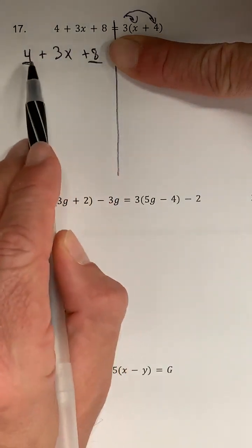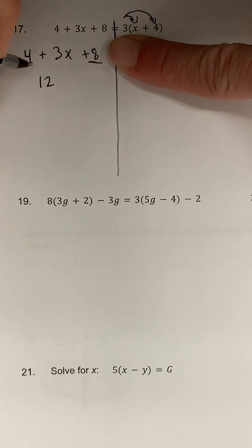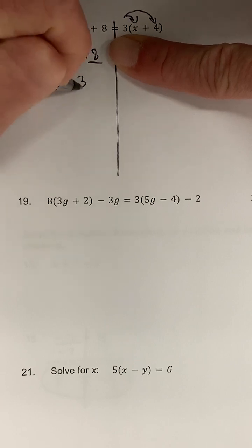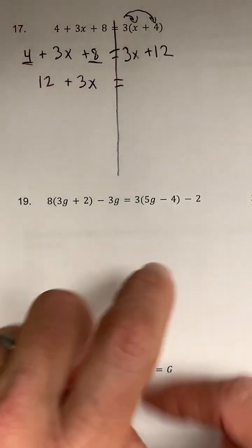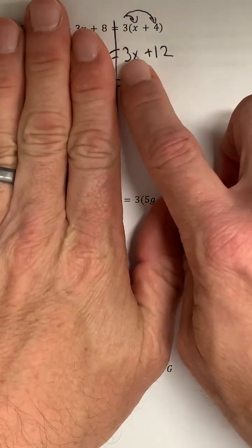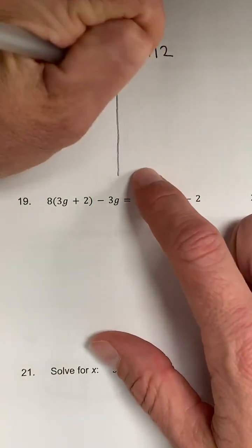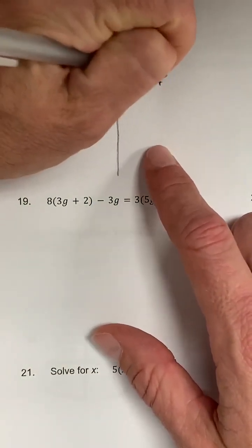Those could be combined. 4 plus 8 is 12, so it would be nicer to just say that there is 12 over here plus 3x. And now let's look at the other side. You'll notice that these are not combinable. This one has an x attached to it, this one doesn't. So since we can't combine them, we'll just copy it down.